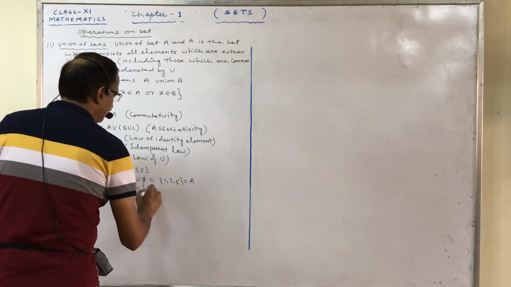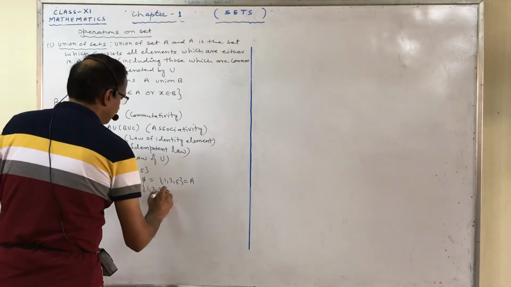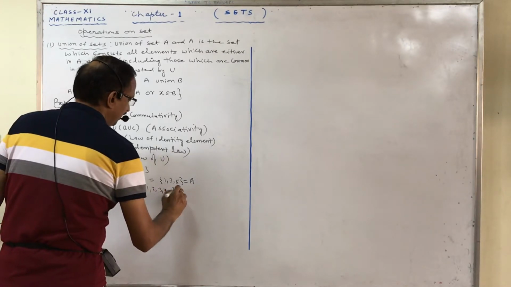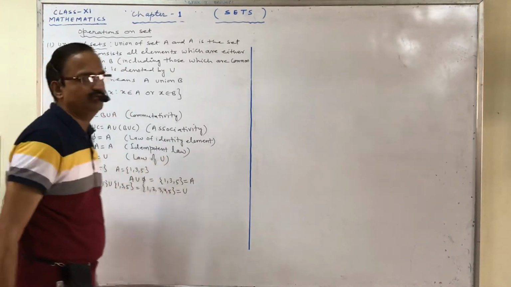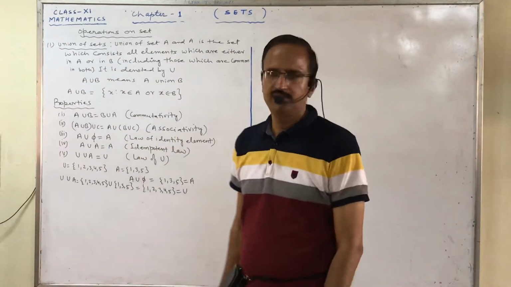So directly we can write {1, 2, 3, 4, 5} and it is nothing but U, that is, the universal set.